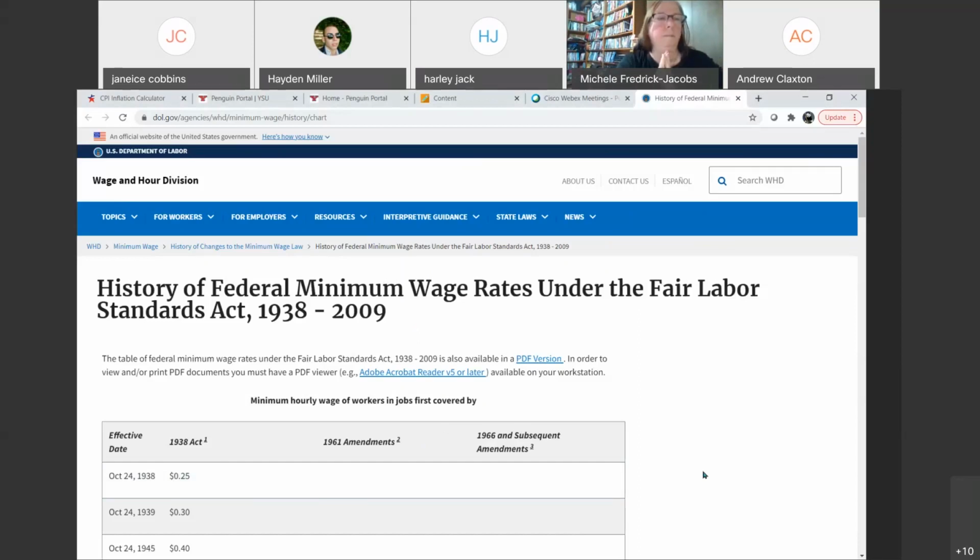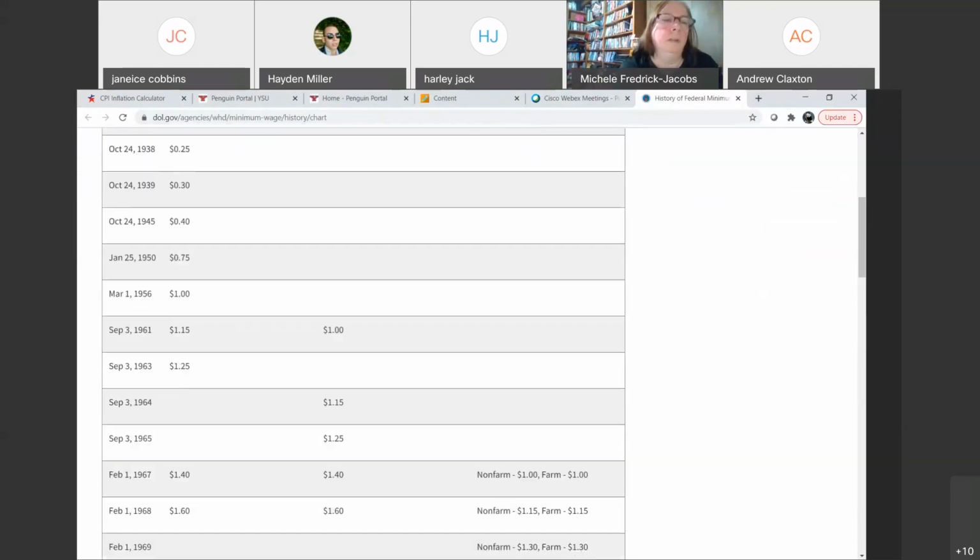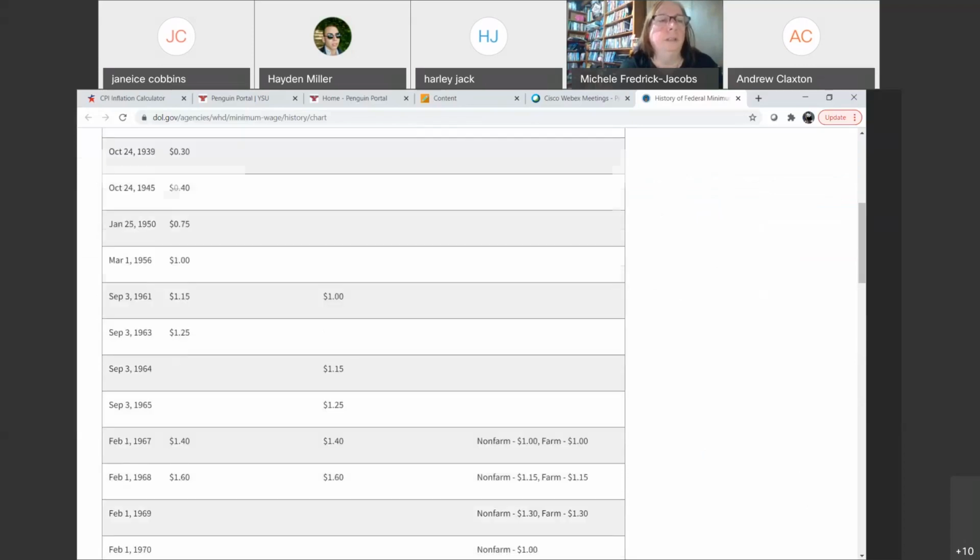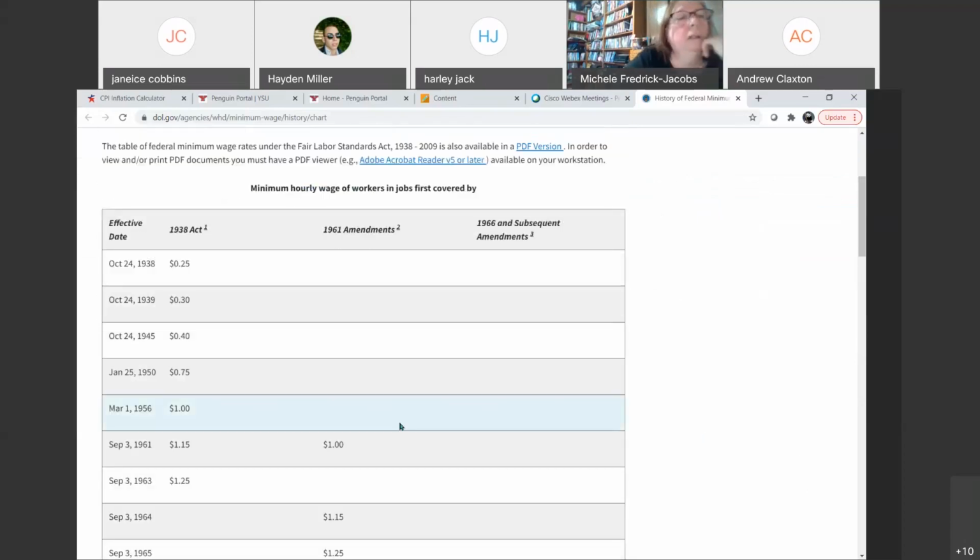Since we're on the minimum wage calculator, we'll talk about this one first. When you have the minimum wage, these values here tell you when it changed. So on October 24th, 1945, minimum wage changed to 40 cents.